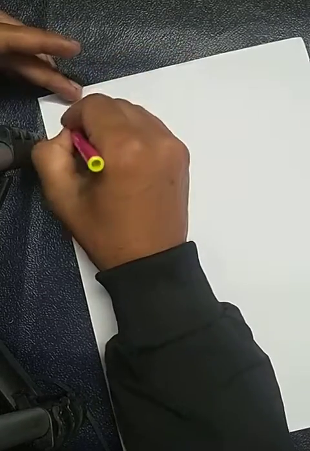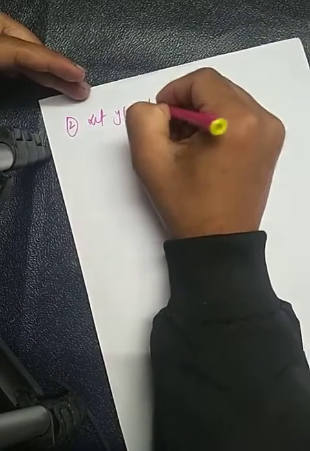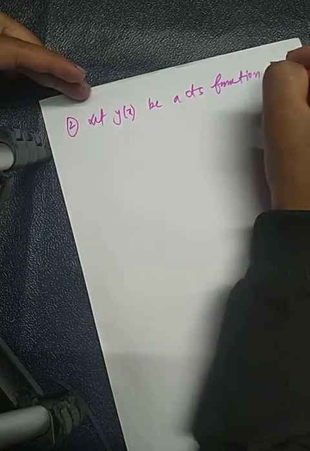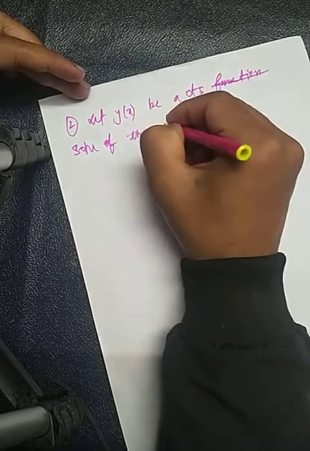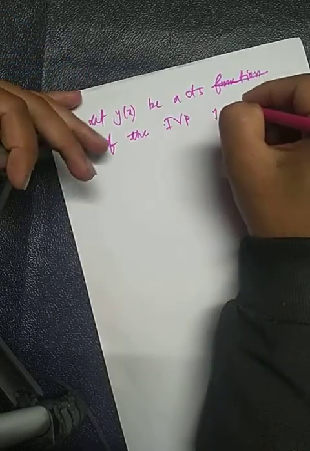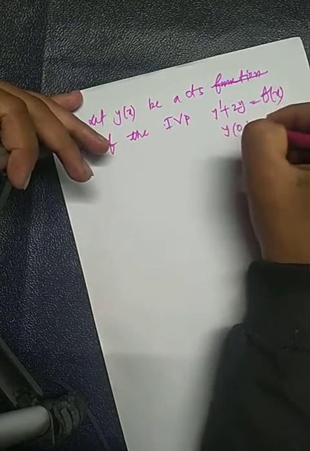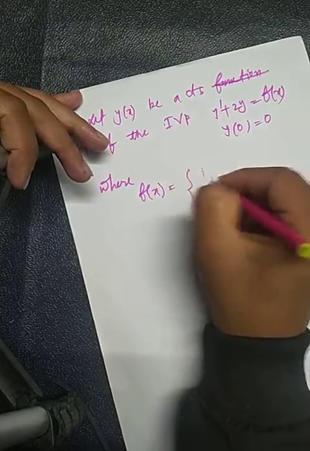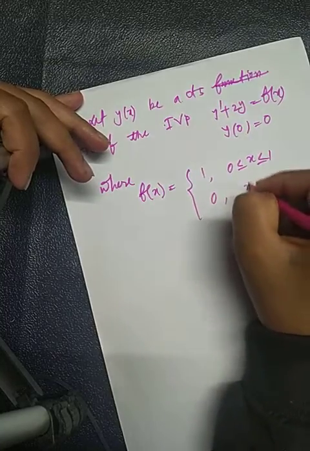The second question says: let y(x) be a continuous solution of the initial value problem y dash plus 2y is equal to f(x) and y(0) is equal to 0, where f(x) is equal to 1 if 0 is less than or equal to x less than 1, and 0 if x is greater than 1.